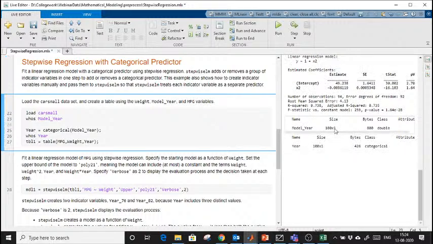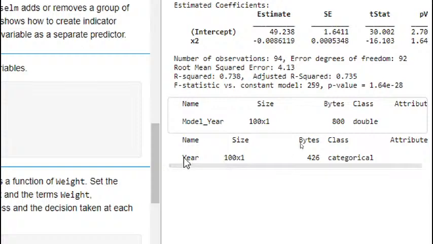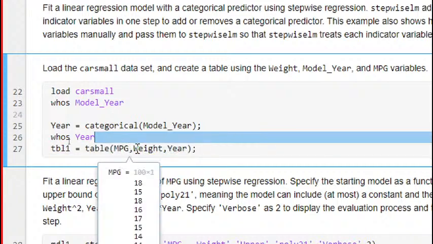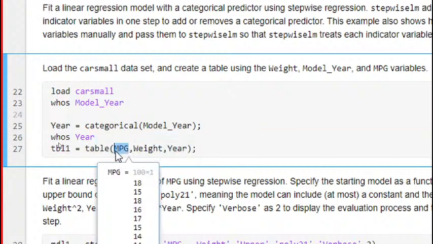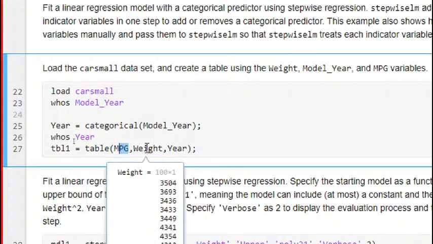You see that before, model year was a double. Now I converted this to a category and saved it as year. So the class became categorical, right? Okay. After creating this as a category, we are creating a table of it. So you see that mileage is my output, that is the response of the system of my car.